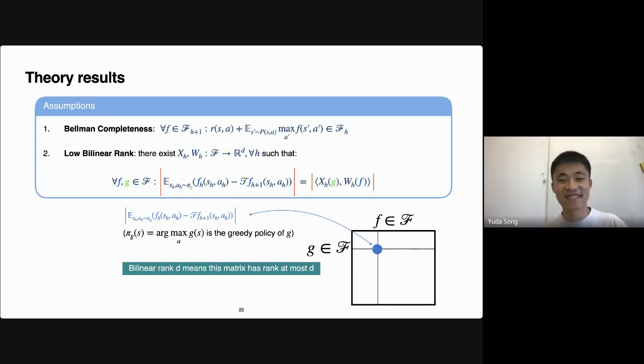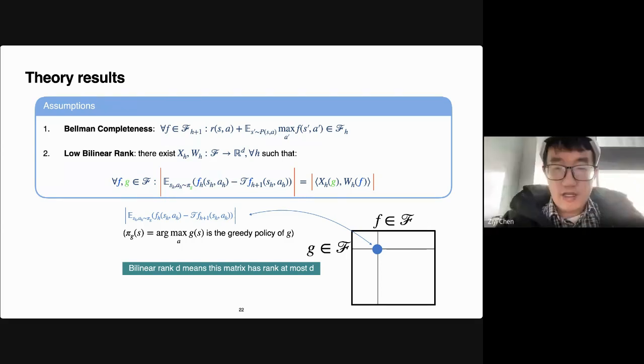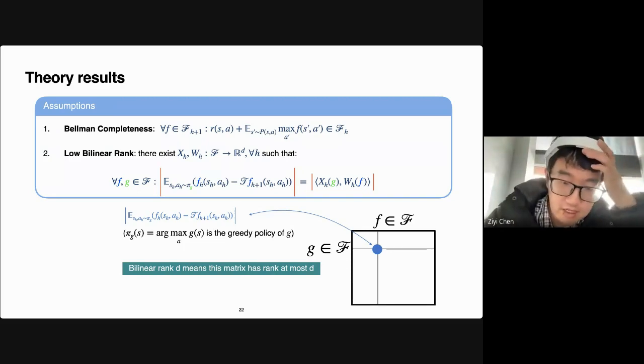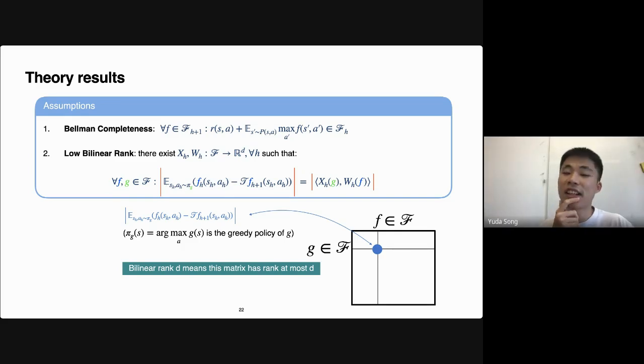Yeah, thank you. Are there any applications or examples to motivate this assumption, or was this assumption also used in previous literature? Oh yeah, this was proposed in the bilinear classes paper. I don't remember the title. I should have given a citation here.